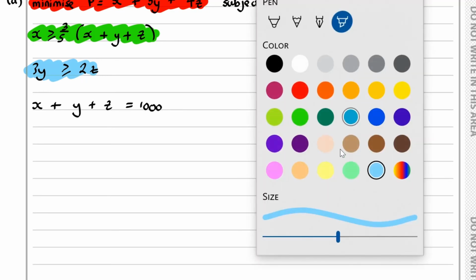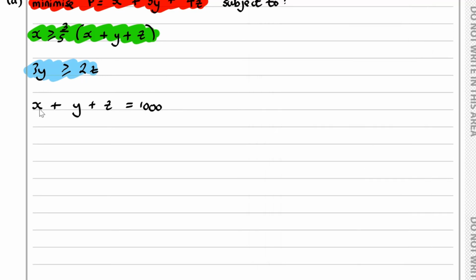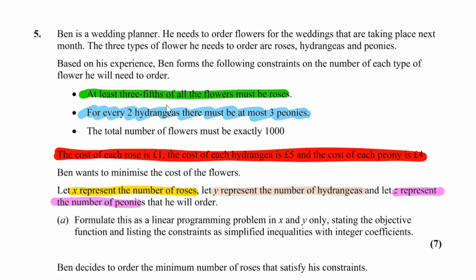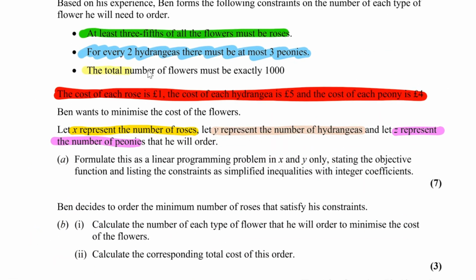So that tells us that X plus Y plus Z equals 1000. So let's just get a different colour and shade this in. So this bit over here would correspond to this bit over here.